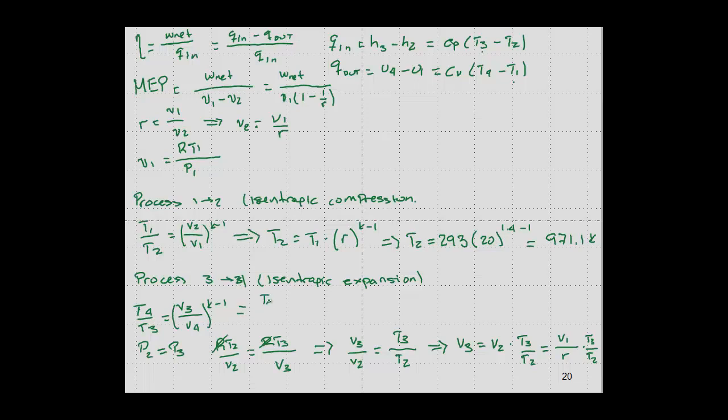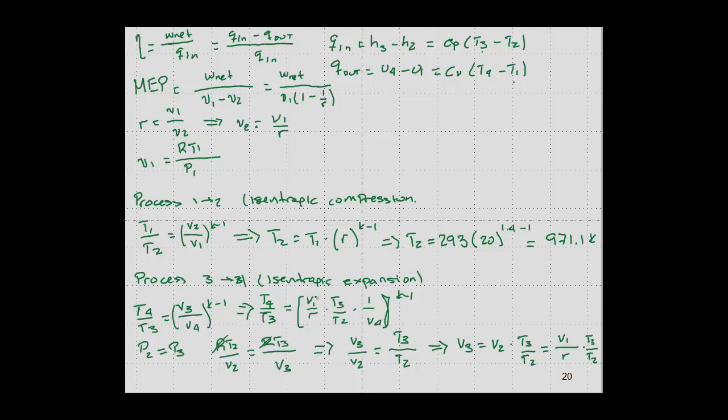We have T4 over T3 will be V3, which will be V1 over R times T3 over T2, and we still need to divide by V4, to the k minus 1.